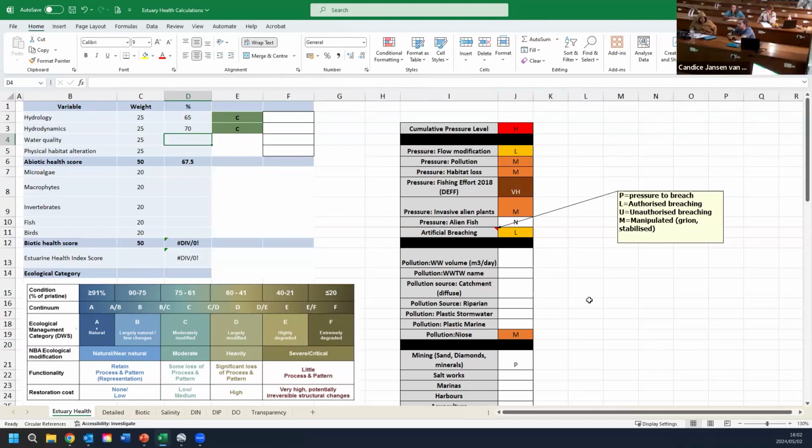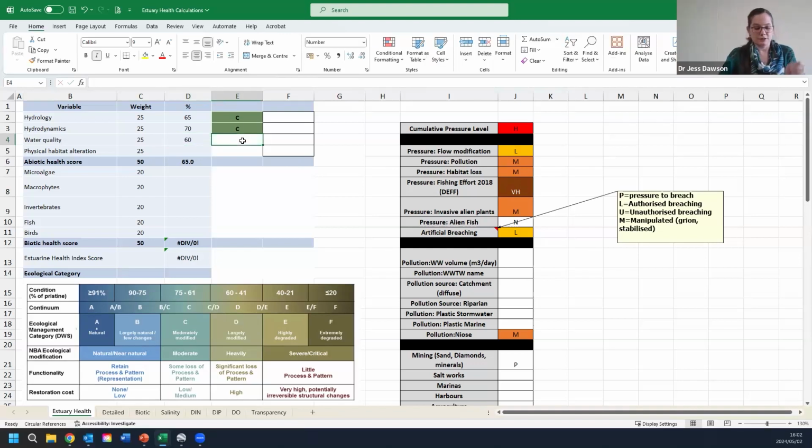This would probably be closer to 60%. Closer to 60. Yeah. So now we've got a CD.